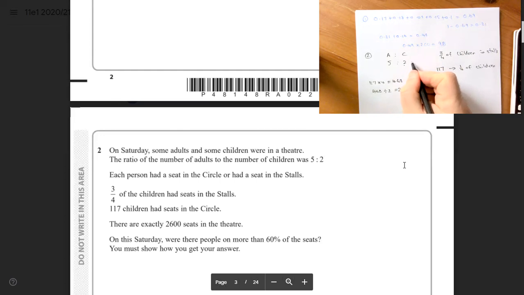And there's a total of 7 parts, 5 and 2 is 7 parts. So 234 multiplied by 7 is 1,638. 1,638 out of 2,600 times by 100 equals 63%. So, were there more than 60% of the seats taken? Yes, there were.